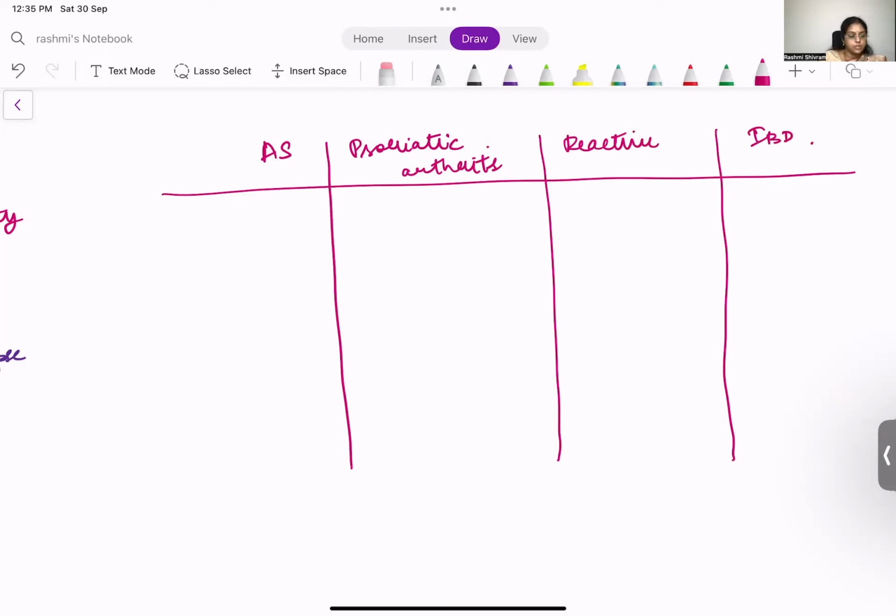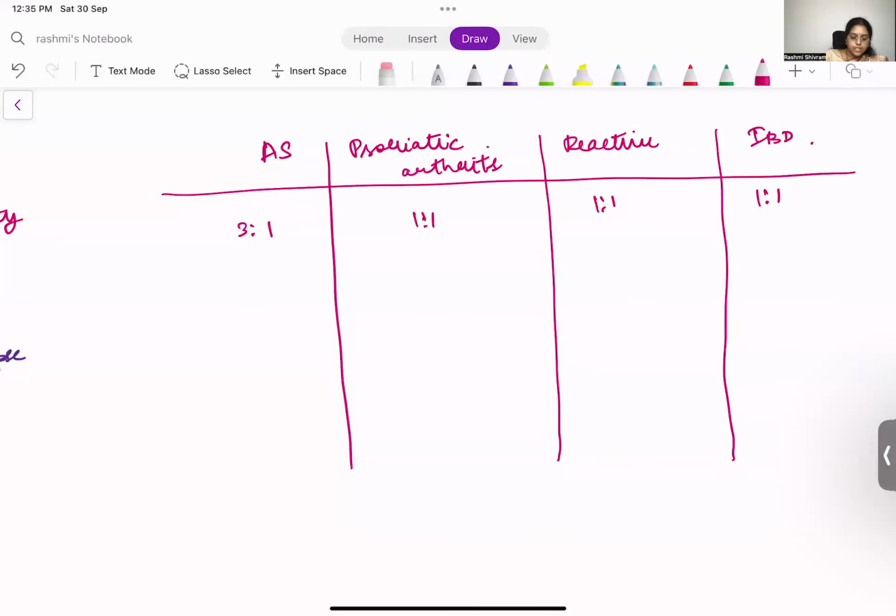Right, IBD-associated arthritis. So what is the gender predisposition? In ankylosing spondylitis, we saw that males are more commonly involved in the ratio of 3:1. In psoriatic arthritis, it's 1:1. In Reiter syndrome also, it is 1:1. In IBD also, it is 1:1. Right.